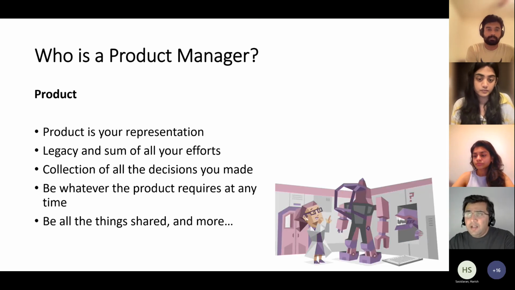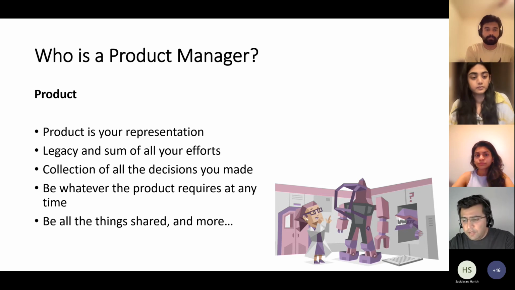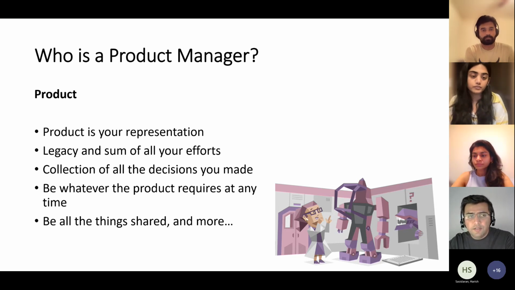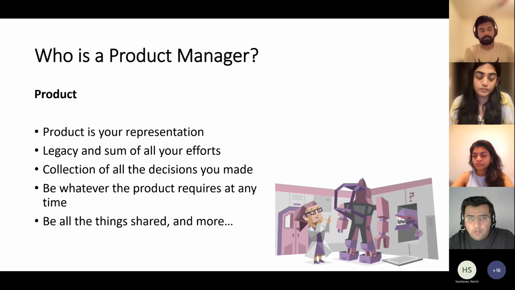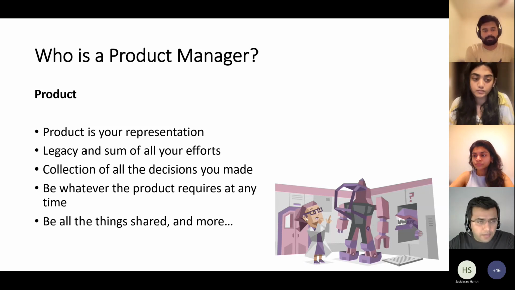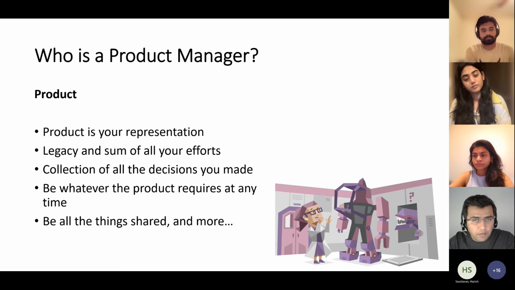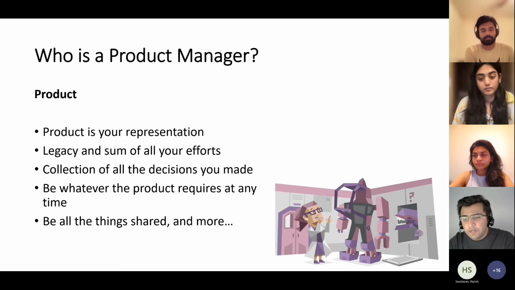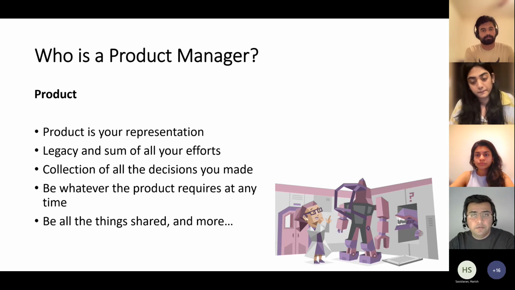Lastly, you are your product. Now, what does this mean? Your product is really the sum of all the decisions you took along the way to build the product you have out in market. It is everything you have done over the course of weeks, quarters, years to come to a place where your product is now shipped.